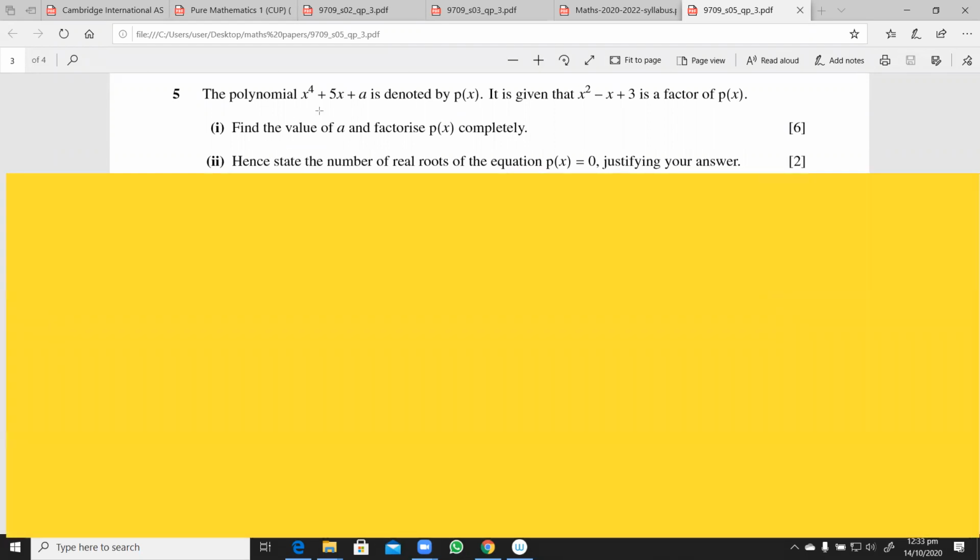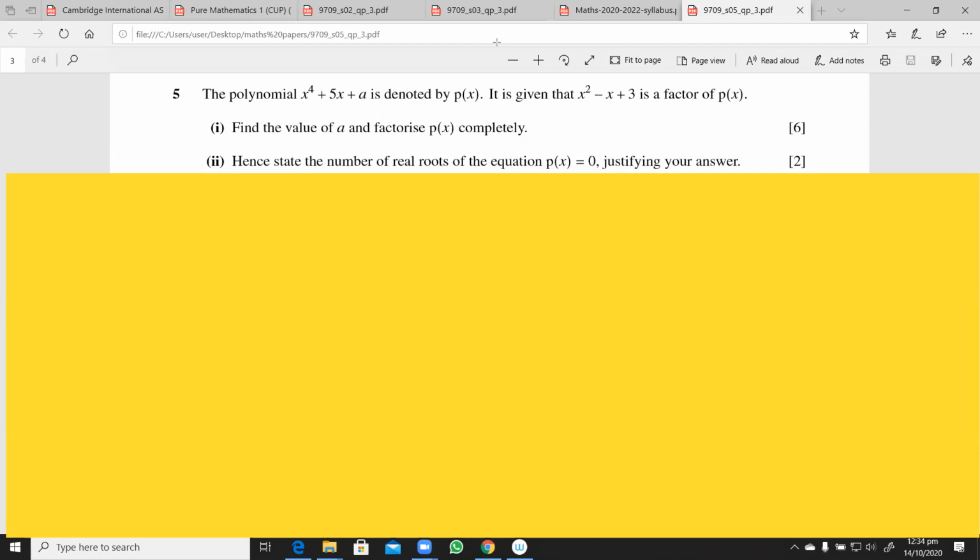Now, it says x to the power 4 plus 5x plus a is denoted by p of x. It is given that x square minus x plus 3 is a factor. Find the value of a and factorize p of x completely. Now, this is unfortunately not a question on complex numbers. This is simply a question on algebraic division.